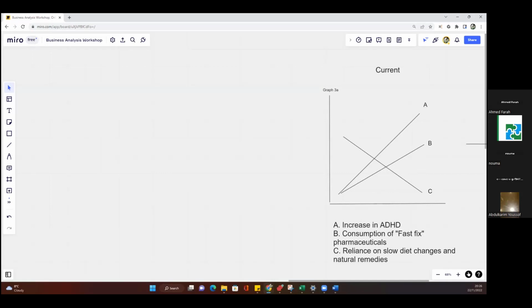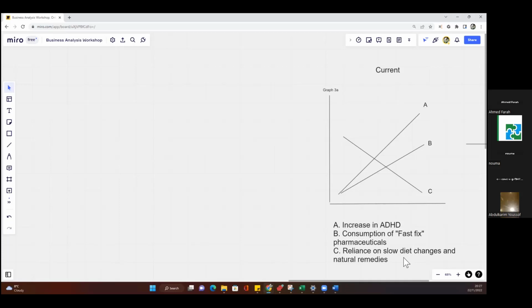Line B shows the consumption of fast-fix pharmaceuticals. So people consuming drugs that are basically just quick fixes to illnesses that they have, or that hide the underlying illness but just make them function properly for a short period of time.